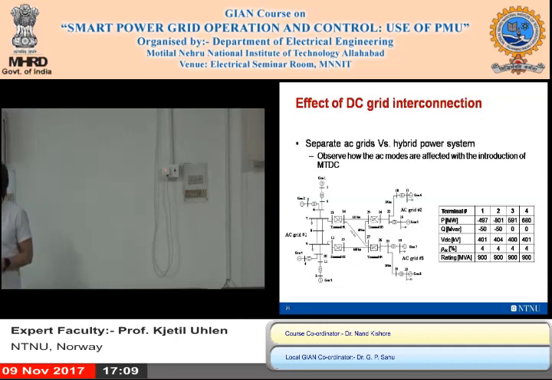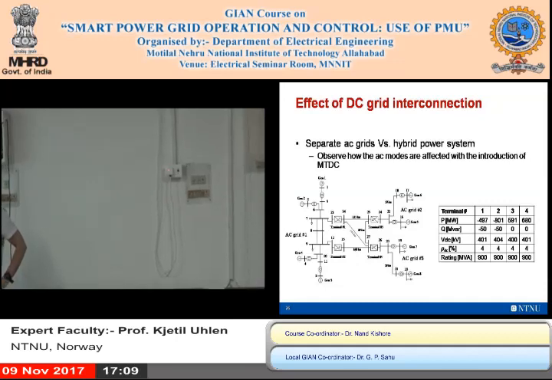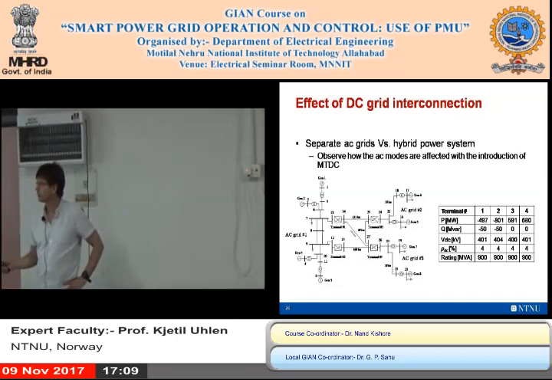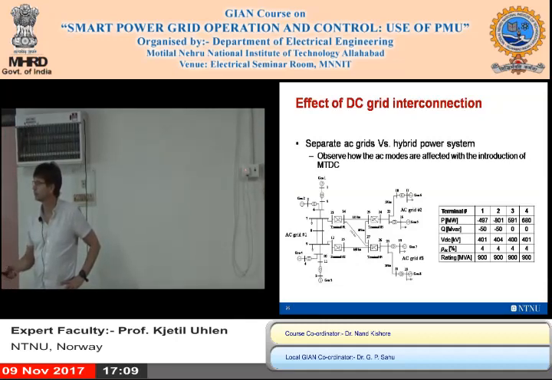So on this side you can recognize something similar to the 4-generator 2-area system, and a slightly simpler system here with 2 generators. So you would expect that there are at least 1 or 2 modes of interest here, and maybe 3 modes of interest in this one.